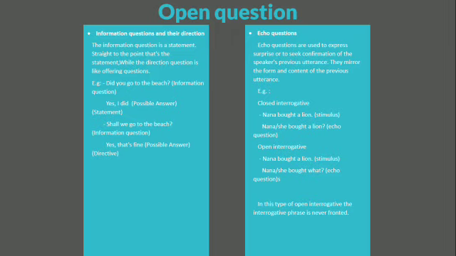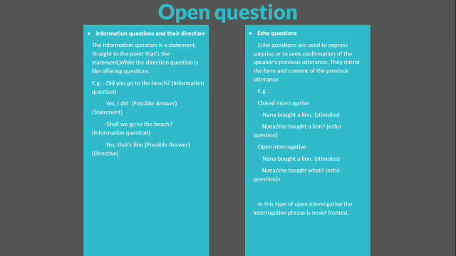And then the question is, she bought a lion? That is in closed interrogative. And then in open interrogative, Nana bought a lion. And then the question is, she bought what? So the point is, the question mirrors the form and the content of the previous utterance.